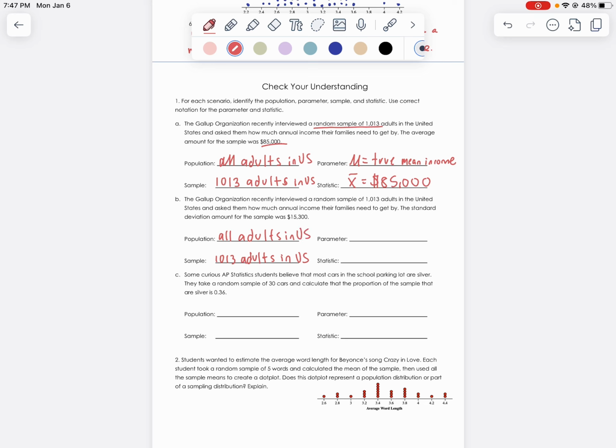It's the standard deviation. So the symbol for that is s, and that's equal to $15,300. And then the parameter, while not given to us, the symbol would be sigma, and it's the true standard deviation of income.